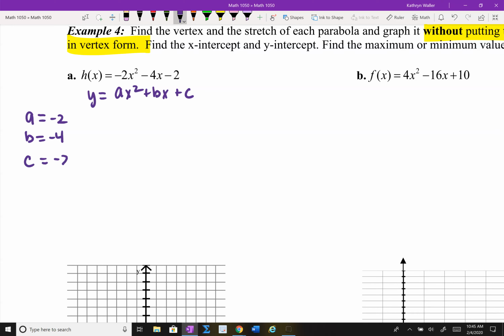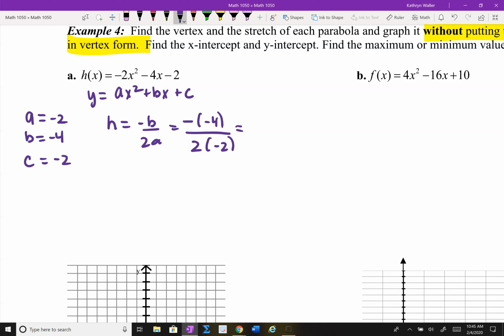Your c is at the end, it's a -2. So now to find the value of h, you just go -b/2a. So you go negative b, which is a -4, -4, over 2 times a, which is a -2.